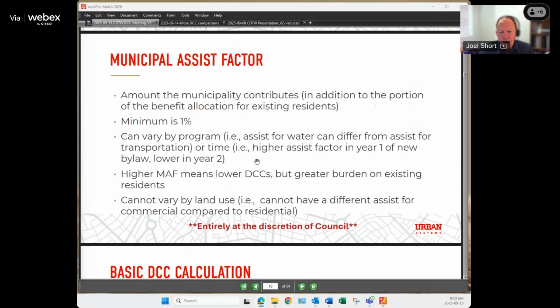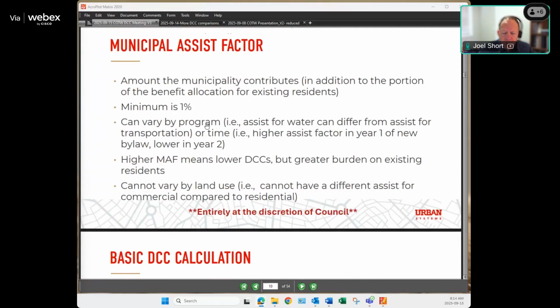Basically, you're providing some assistance or some subsidy for new development. But when you do that, the DCCs can come down. You can't vary it by land use. For example, you couldn't have a higher assist for commercial compared to residential, and this number is entirely at the discretion of council.